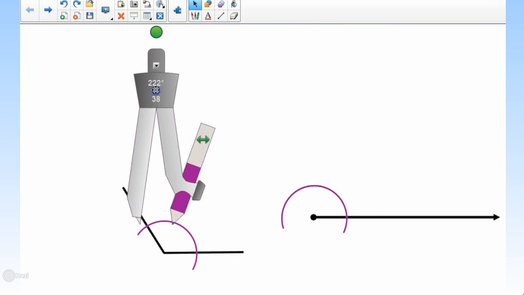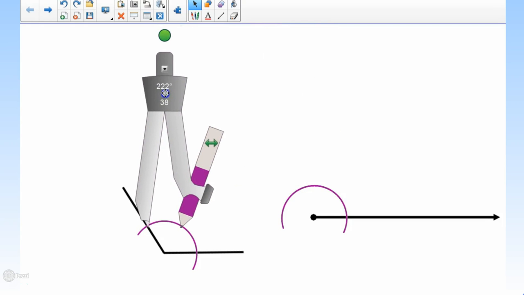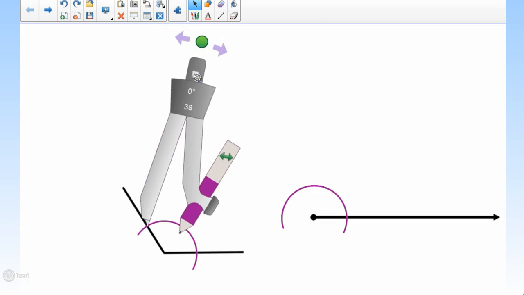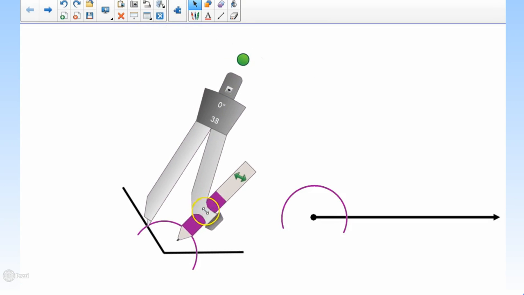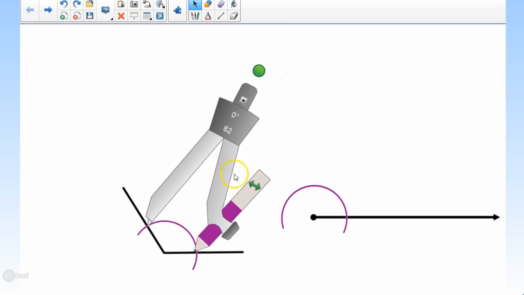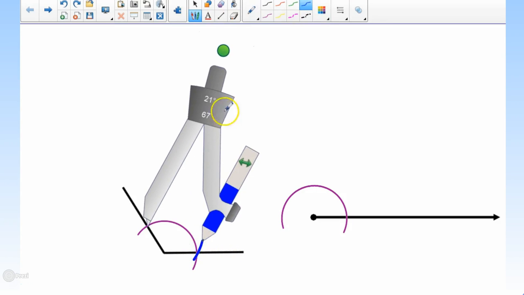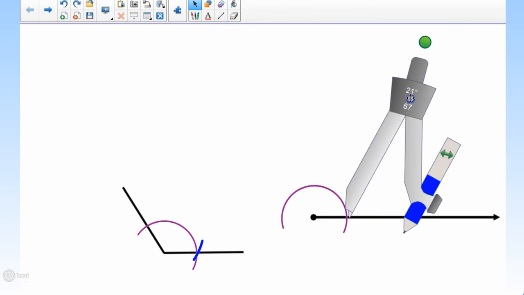Then I will put my pointy end where the arc meets one of the rays, and I put the pencil end where the arc meets the other ray. And I will make an arc there. I will then move this over here.